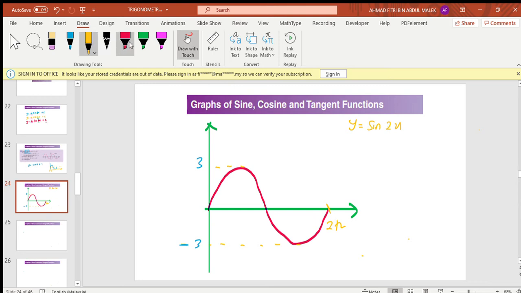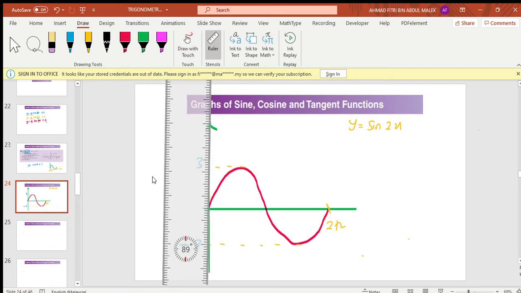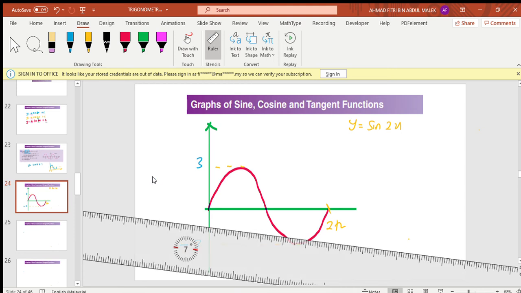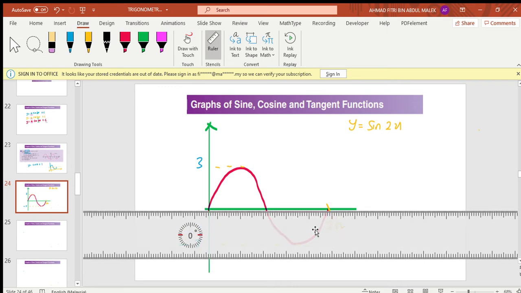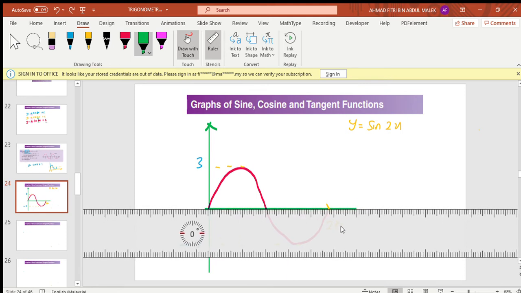Two cycles in 2 pi. So I will extend my axis. Sorry if it's not that accurate.